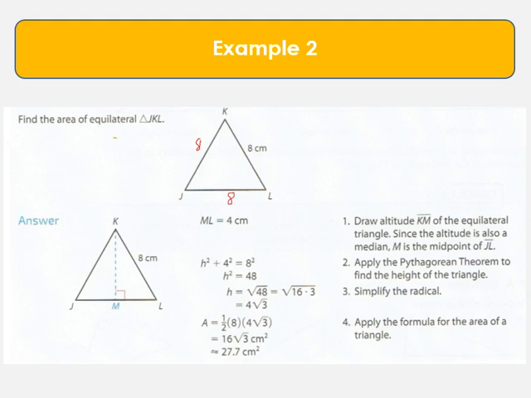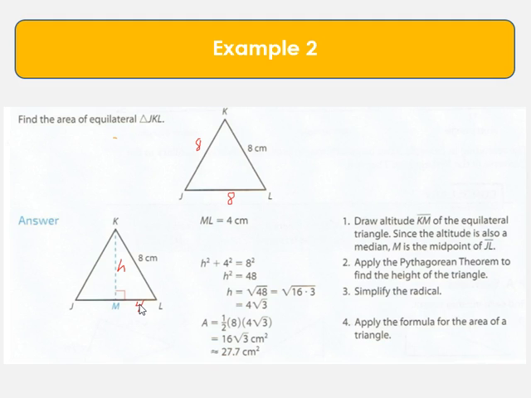We're going to apply the Pythagorean theorem then to one of the triangles. And we have a hypotenuse of 8, and we have a leg that is half of 8. So that'll be 4. So what we have to do is go ahead and use the Pythagorean theorem to solve.